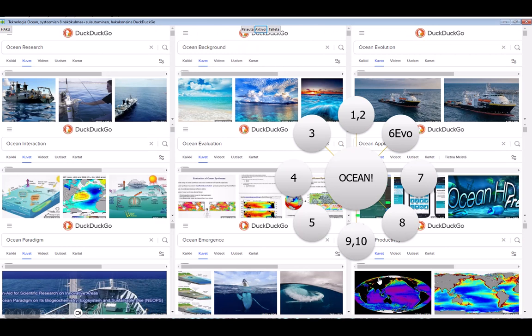Then this is a set of captures created by the DuckDuckGo search engine, and this is a meta search engine which has made a combination of these kinds of roles. For example, number 1 here, its origin of information for oceans is here, and the most theoretical part is here, and so on.